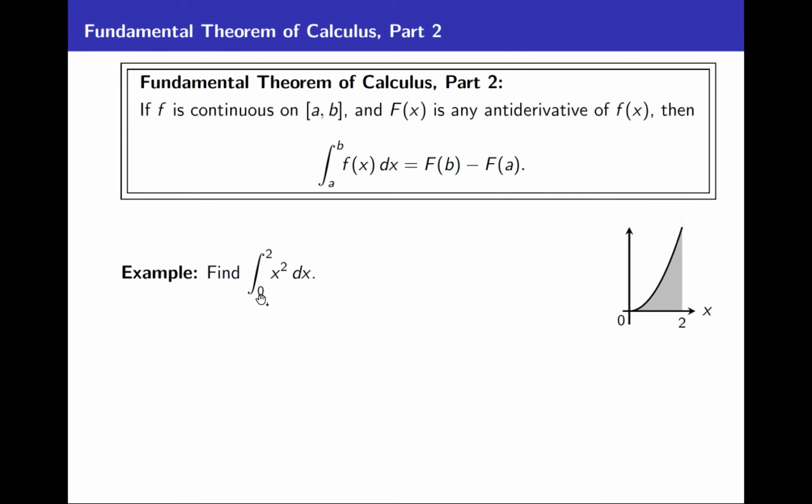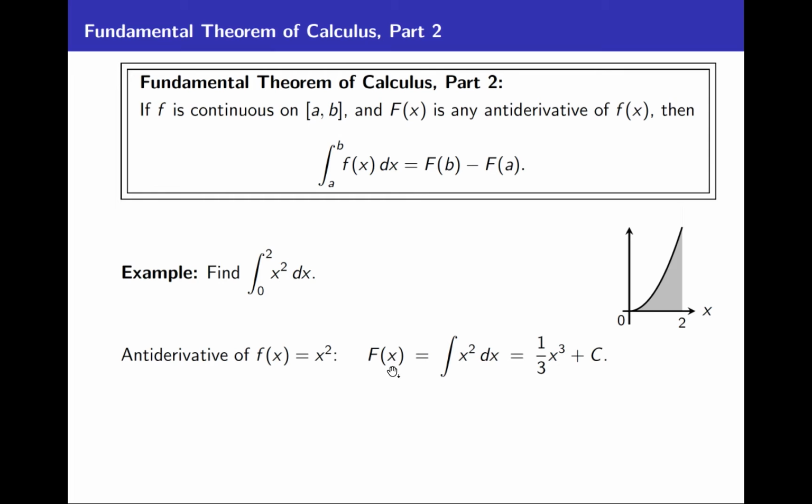So if we want the integral from 0 to 2 of x squared dx, the fundamental theorem of calculus says all we need to do is find an antiderivative, big F, of x squared, and then take this difference. So think about finding an antiderivative of f of x equals x squared. Well, that's easy.